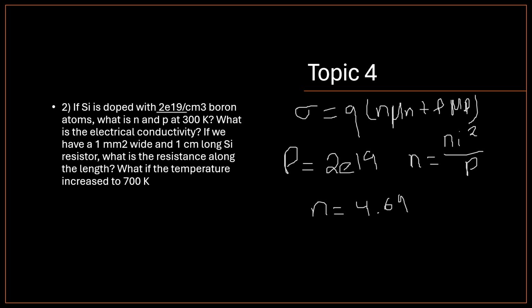So that's going to be our N. For this one, I don't want to take too long and write it all down, but it's the same process as the last question.